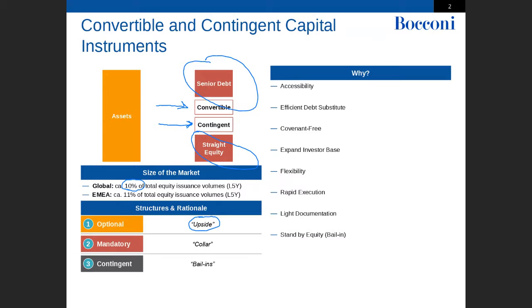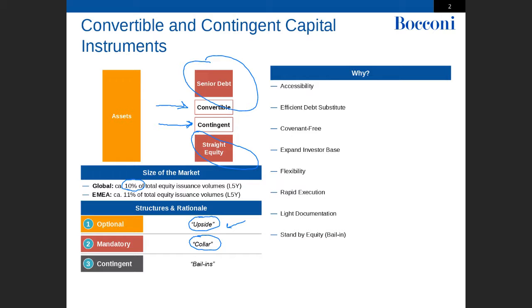On the contrary, you have the second category, convertibles that are called mandatory, where you have a forward sale of these shares, and the structure is such that you shape a collar with some floor and some cap on the upside for the investors, while in the first instrument, the upside of the market above a trigger is totally dedicated to the investors.